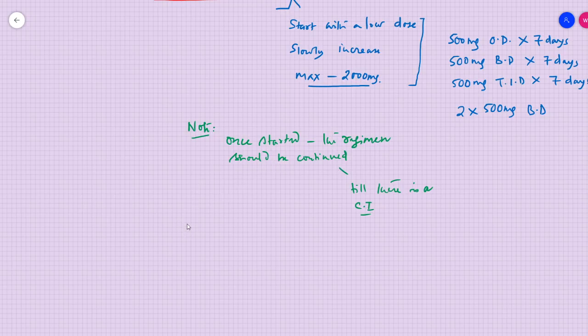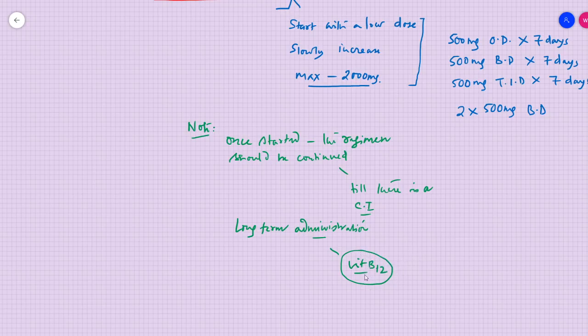So what happens in long-term administration? On long-term administration, there can be a slight deficiency of vitamin B, especially vitamin B12, which can lead to anemia and so on.